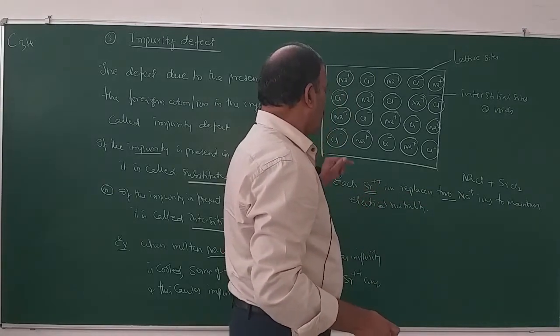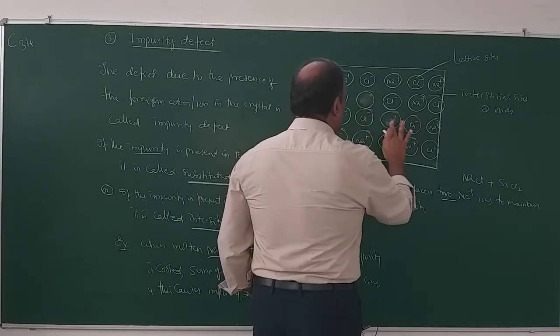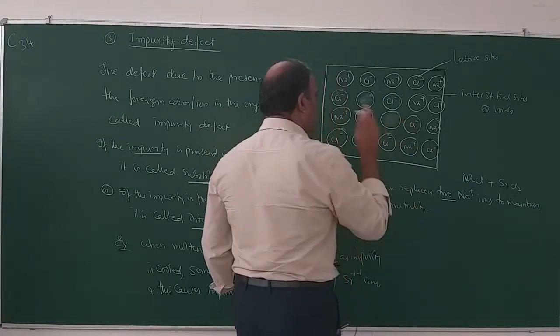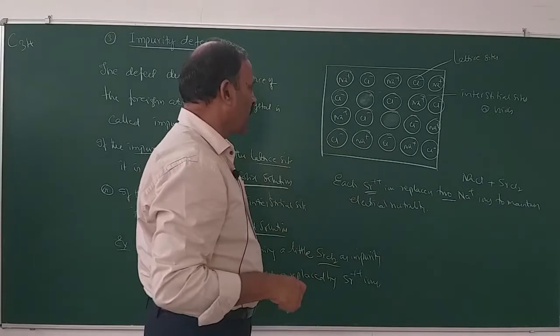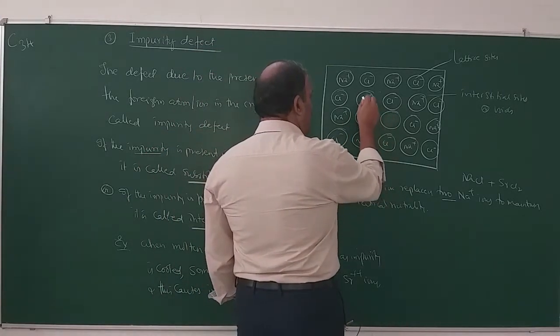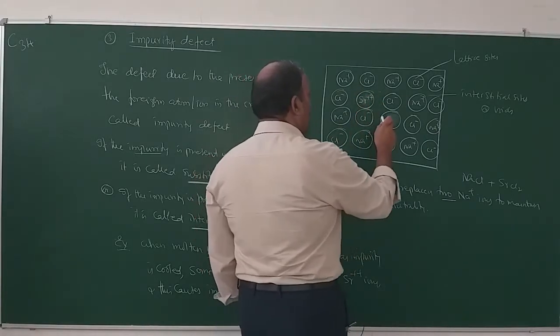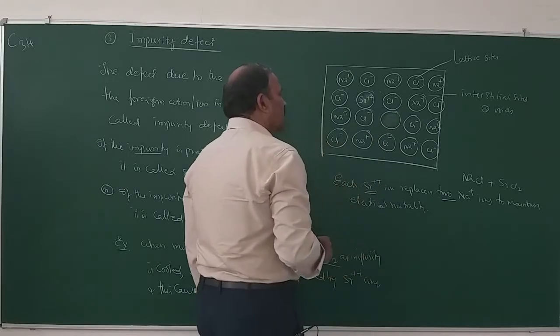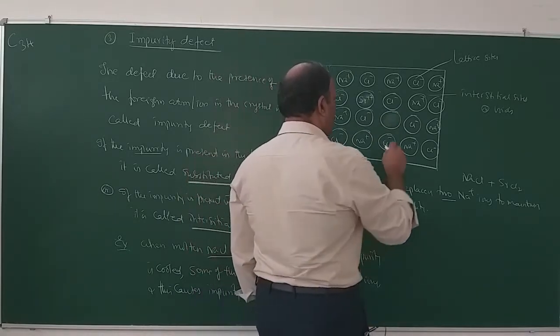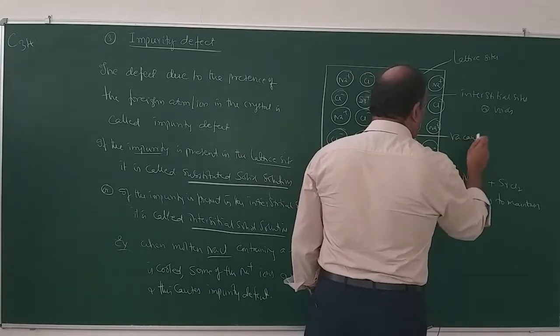When these sodium sites become vacant by the addition of 1 strontium ion, out of these lattice sites, one site is occupied by the strontium ion and the other site remains vacant.